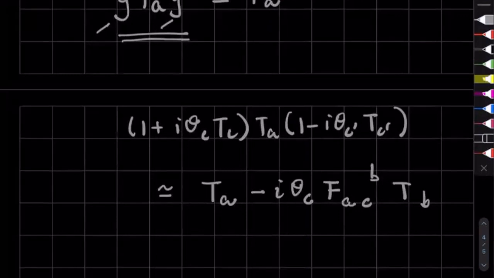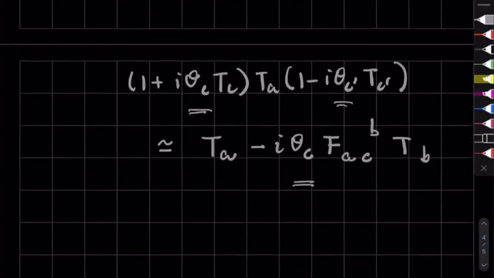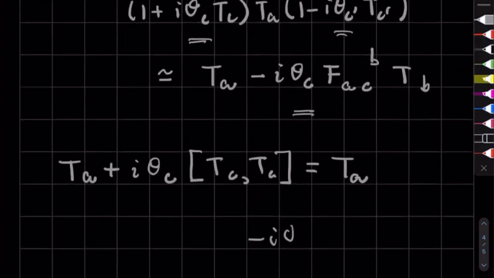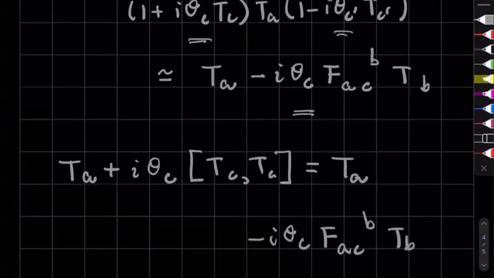The left-hand side is kept until first order in theta, and on the right-hand side the second order term we can ignore. Then the left-hand side becomes T_A plus i theta_C commutator of T_C and T_A, and that is going to be T_A minus i theta_C f_ACB T_B. Okay?